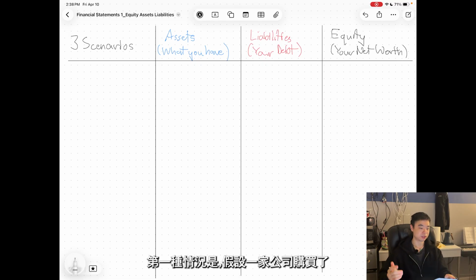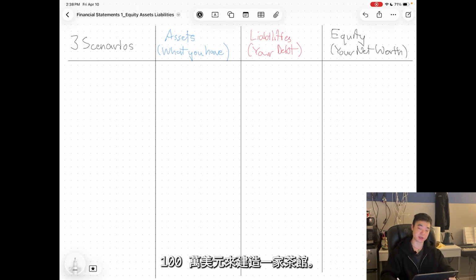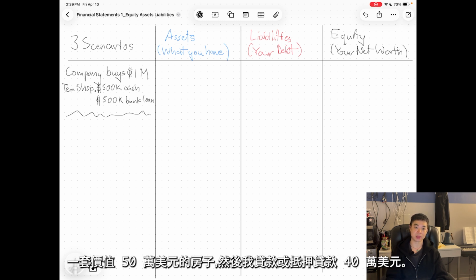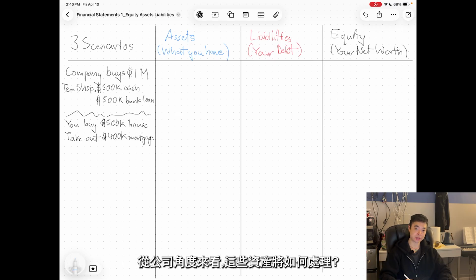All right. So the first scenario is, let's say a company buys $1 million to build a tea shop, and to fund this $1 million, they use $500,000 in cash and they take a $500,000 loan. On a personal level, you can kind of think of it as I buy a $500,000 house and I take out a $400,000 loan or mortgage. For a company perspective, what happens to the assets?